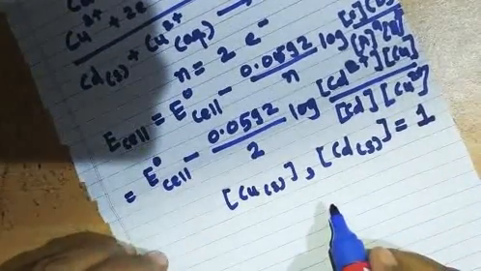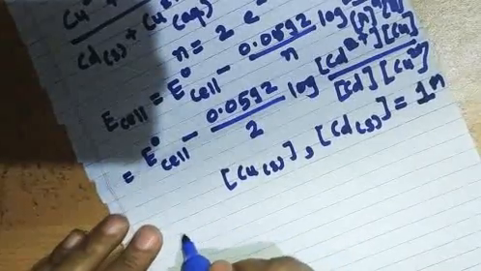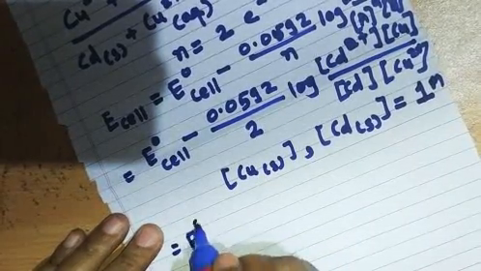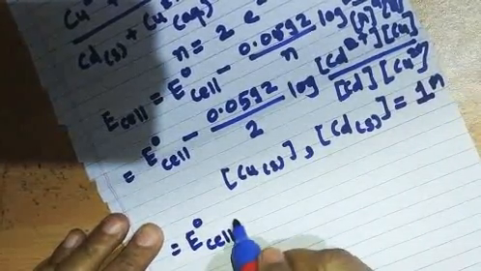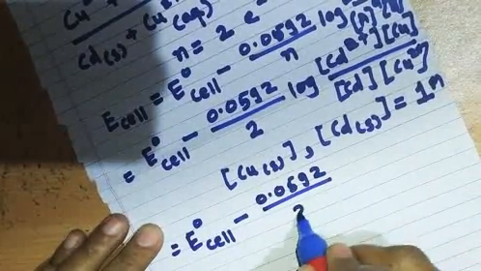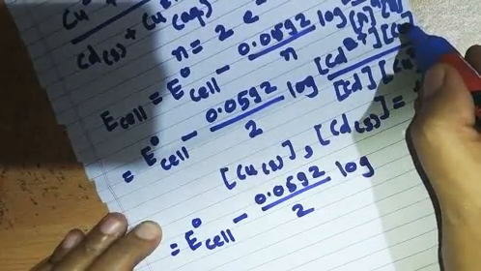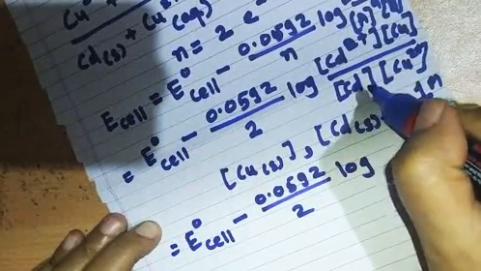That is, it is 1 molar or 1. Then we have the above relation: E naught cell minus 0.0592 upon 2 log of concentration of copper becomes 1, concentration of cadmium becomes 1.